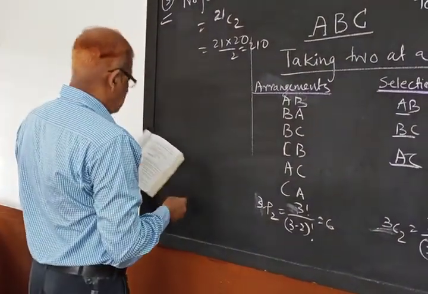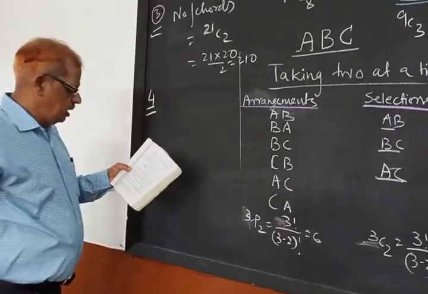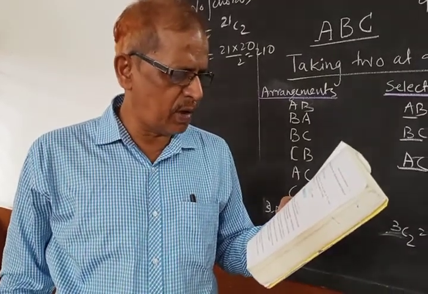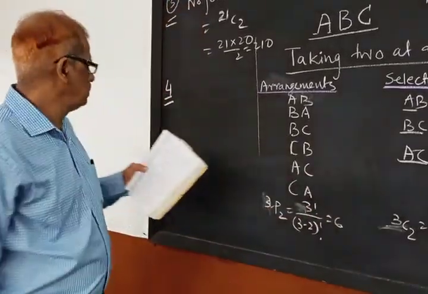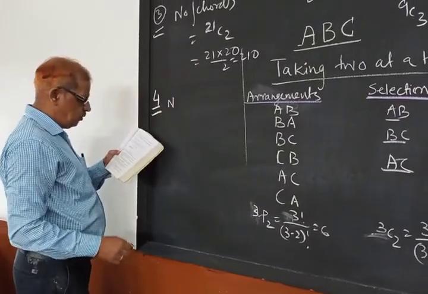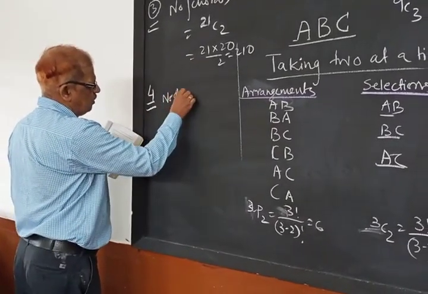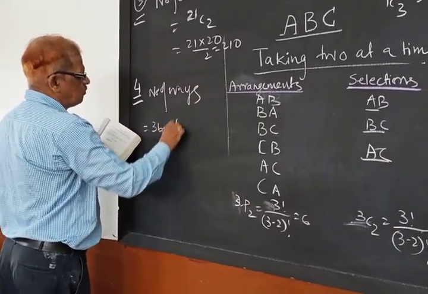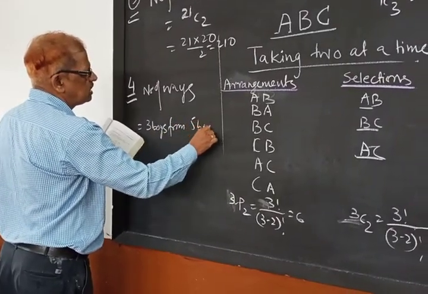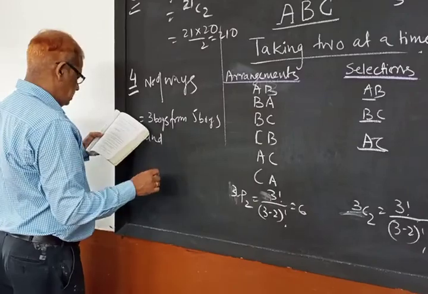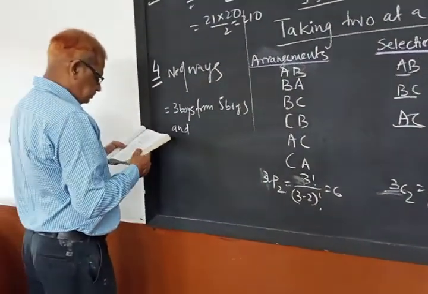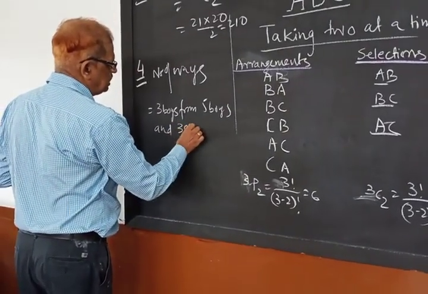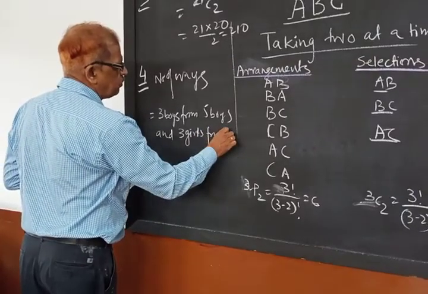Okay, now see question number 4. In how many ways can a team of 3 boys and 3 girls be selected from 5 boys and 4 girls? So we have to take 3 boys from 5 boys, and selection is there, and 3 girls from 4 girls.